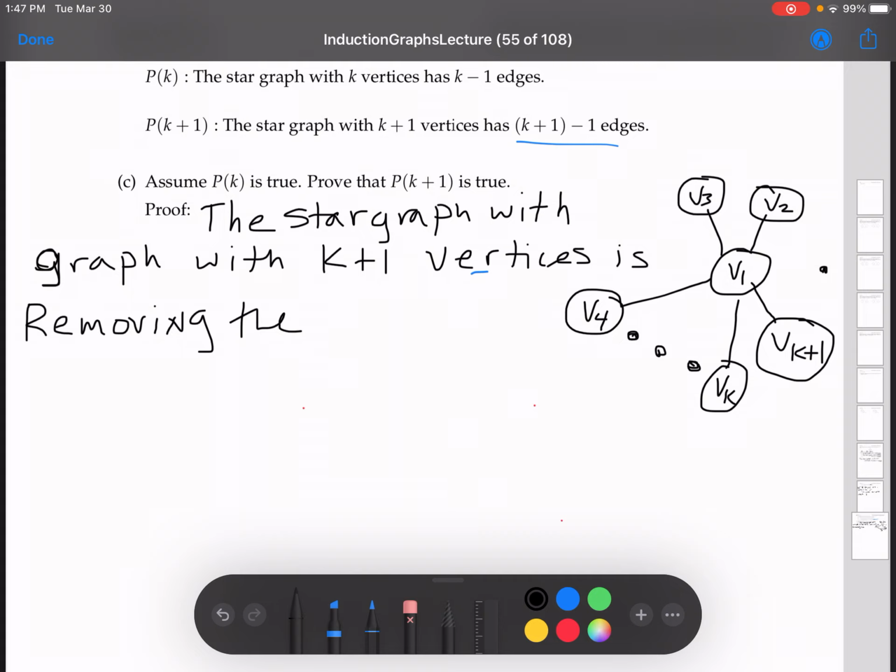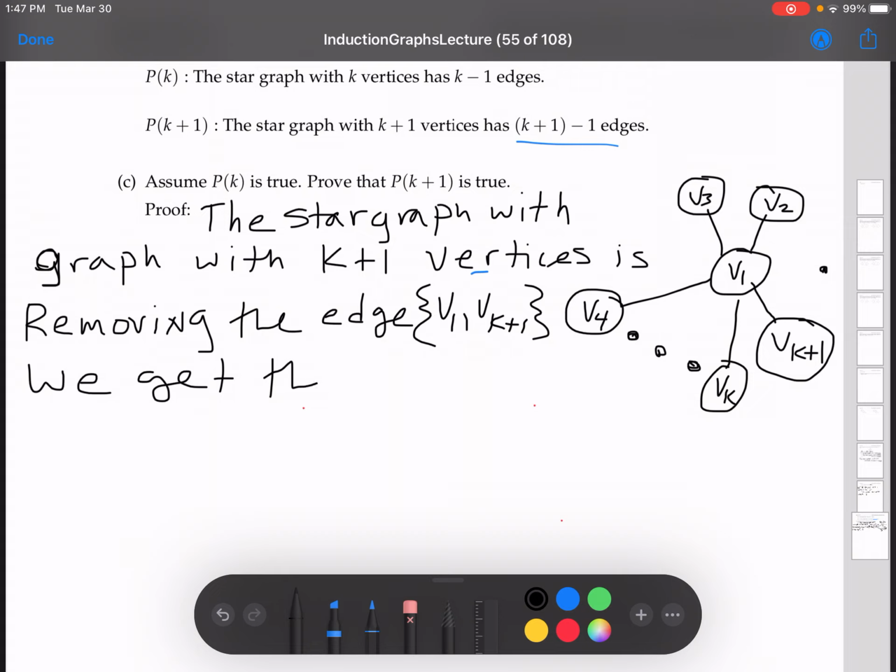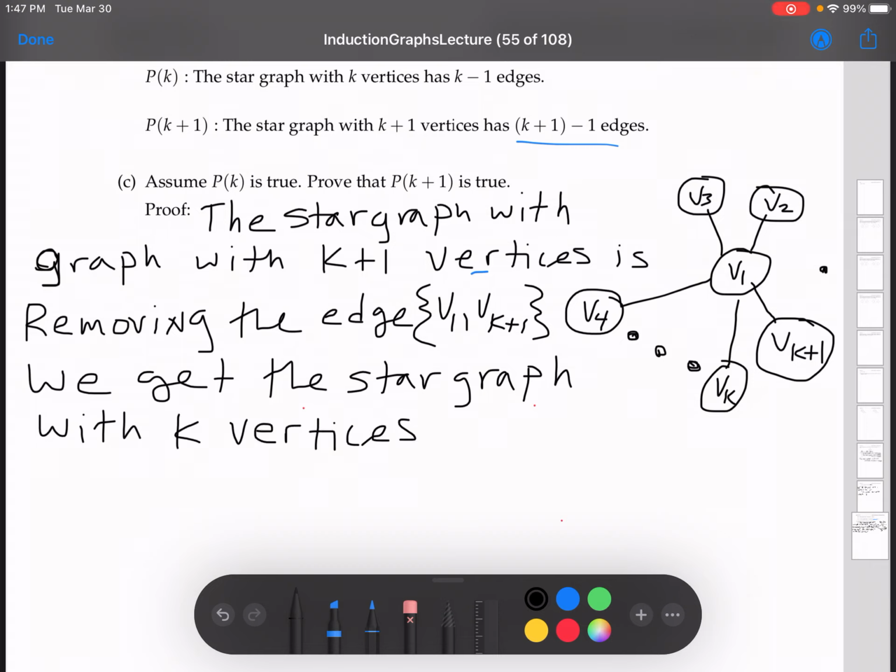Removing the edge V1 VK plus 1, we get the star graph with k vertices.